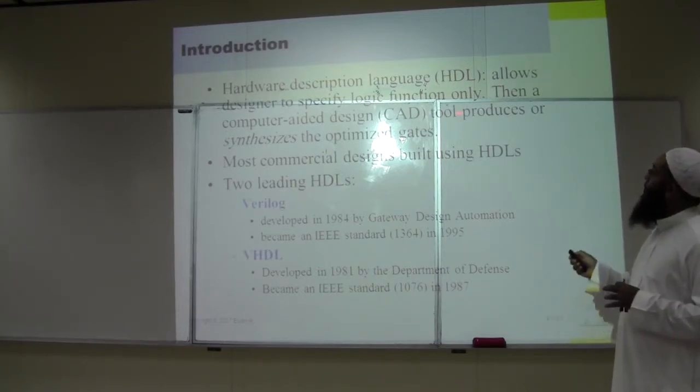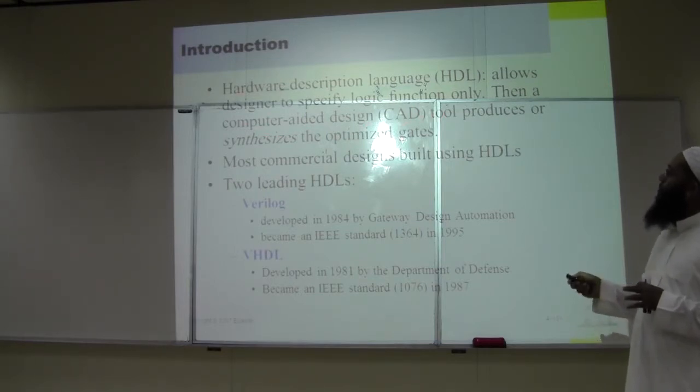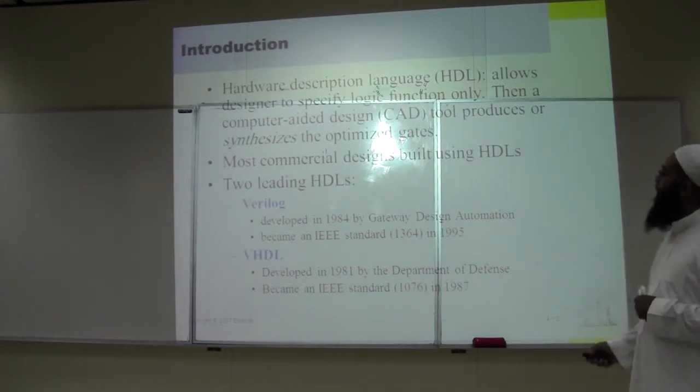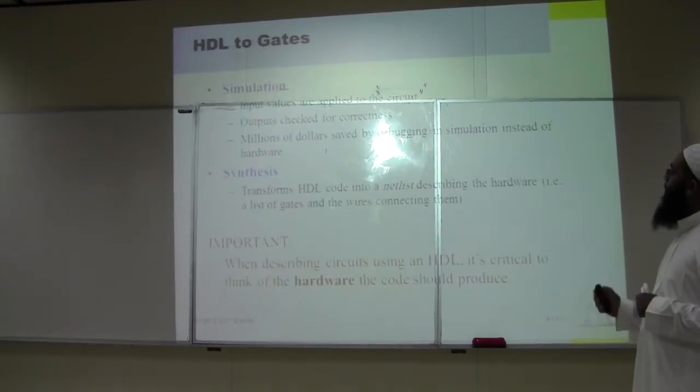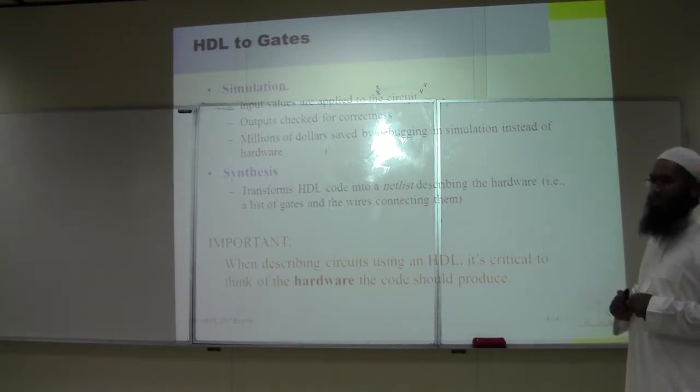The software that we use is called a Computer Aided Design tool, CAD, used for designing the hardware. Two terms you should know: one is called simulation, another is called synthesis.